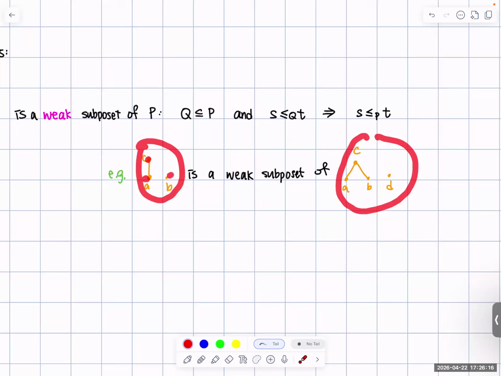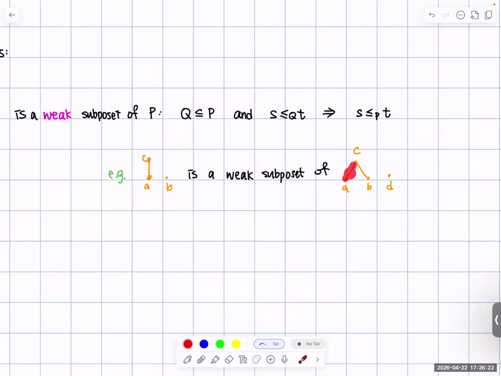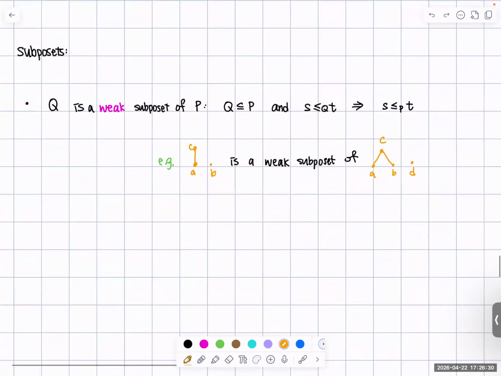Just look at the elements, and if you have an edge here, then you have an edge here. That's what it is. If you don't have an edge here, then that's not a subposet. That's what it means.